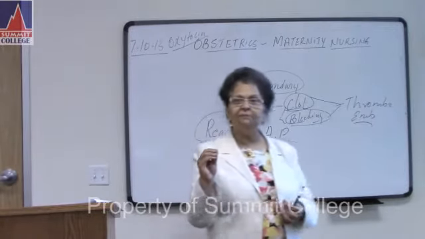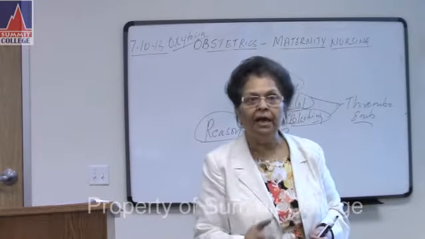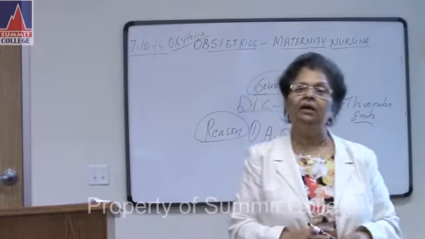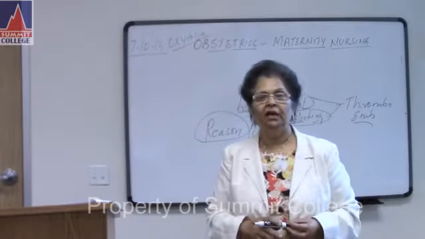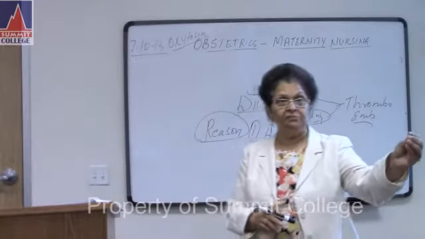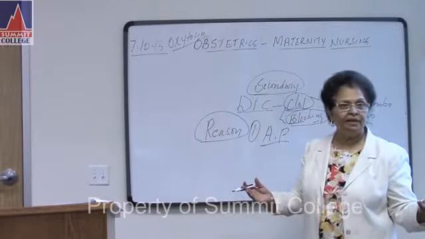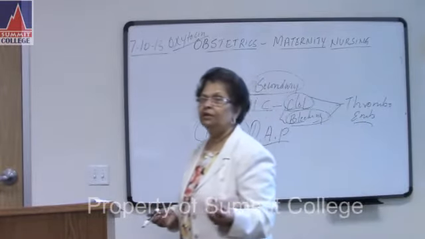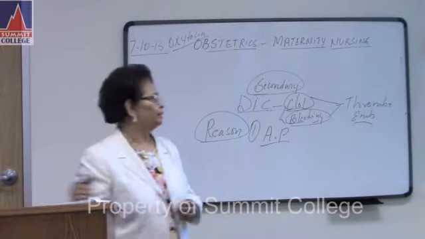What are the two types of bleeding we have? Placenta previa and abruptio placenta. So if a mother is admitted with abruptio placenta, what are you monitoring this mother for? DIC. She's already bleeding, and that bleeding is causing the clotting disorder. So underline the word abruptio placenta.